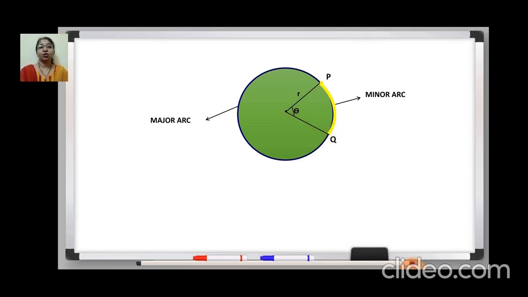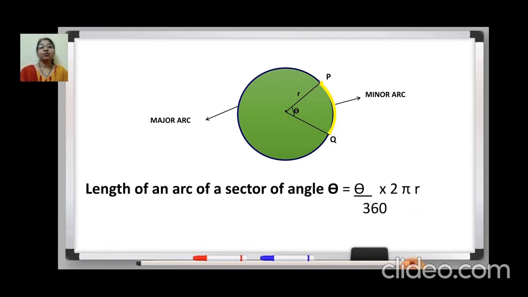So length of the arc PQ with angle theta is given by theta divided by 360 into 2 pi r. Here theta divided by 360 into 2 pi r is the formula for length of the arc.